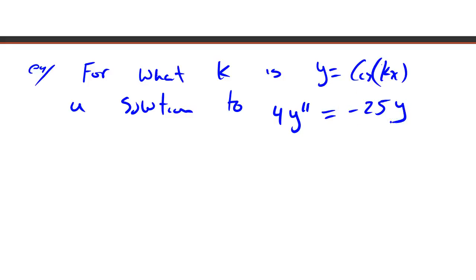Okay. So again, I'm not saying solve this differential equation. I'm just saying find out when this is a solution to that equation.